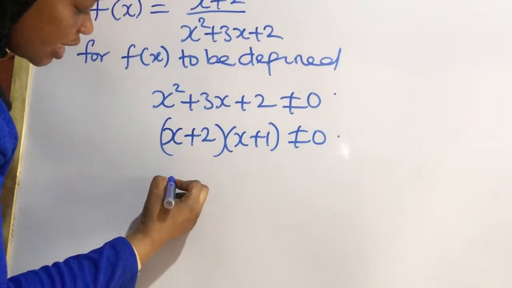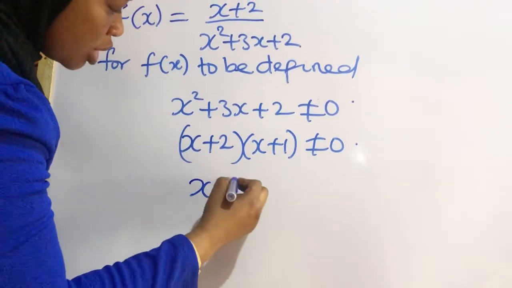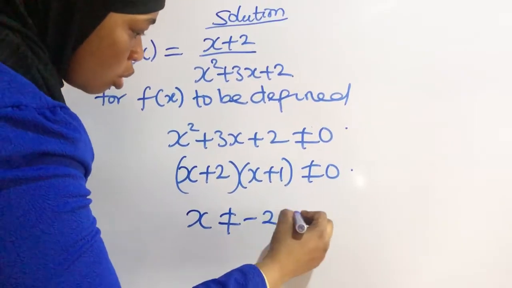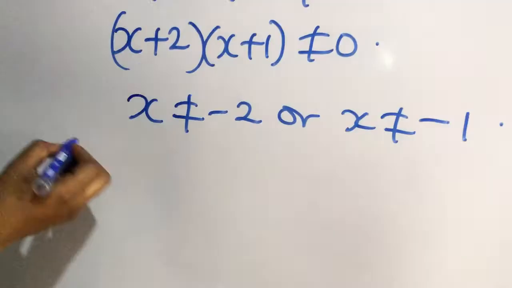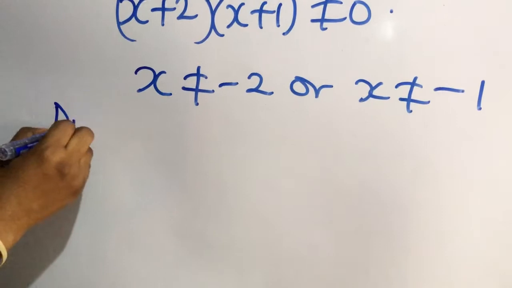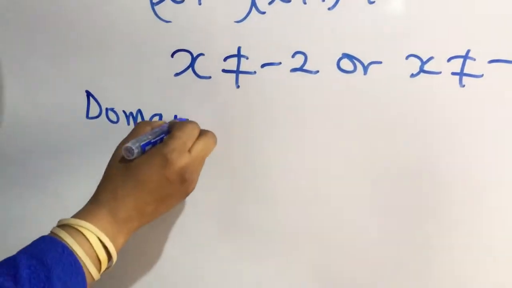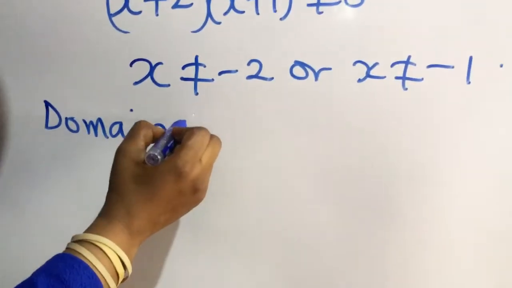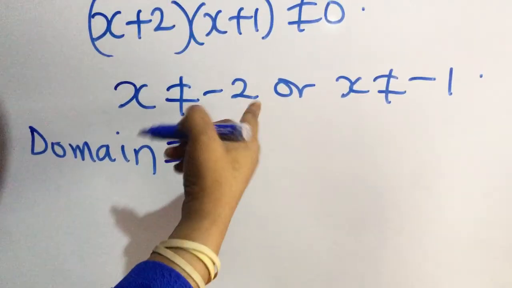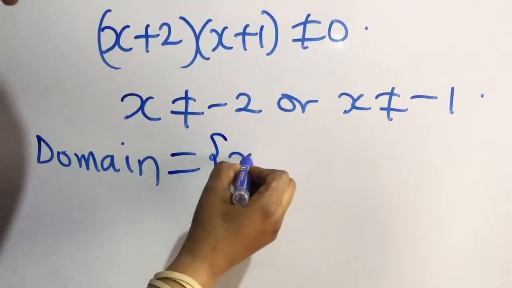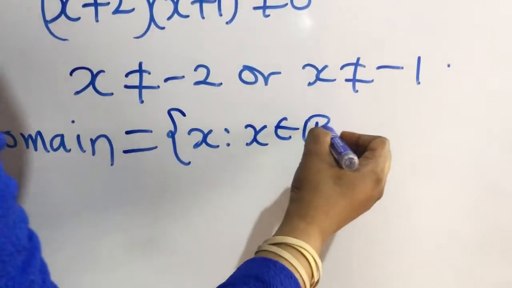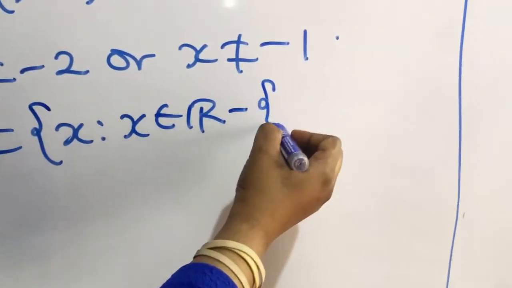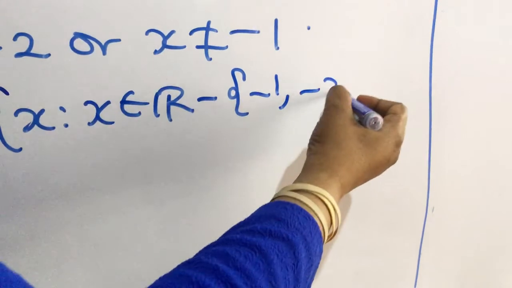So it means that x must not be equal to minus 2 and x must not be equal to minus 1. It means that the domain will be any other real numbers except minus 1 and minus 2. That is, x such that x is an element of the real numbers minus {-1, -2}.